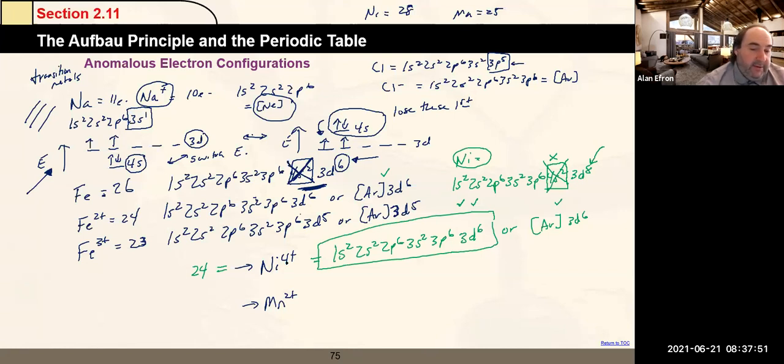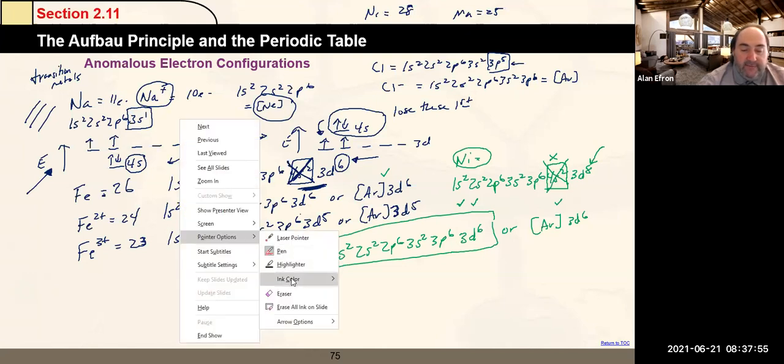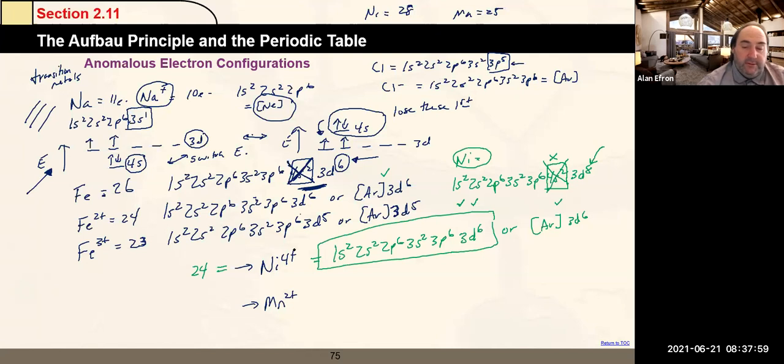Okay, then going to Mn here, which is a 2+. If we look at the Mn with no charge, that is our 25. So Mn, no charge at 25, is going to give us 1s2, 2s2, 2p6, 3s2, 3p6, 4s2, and 3d5 here.